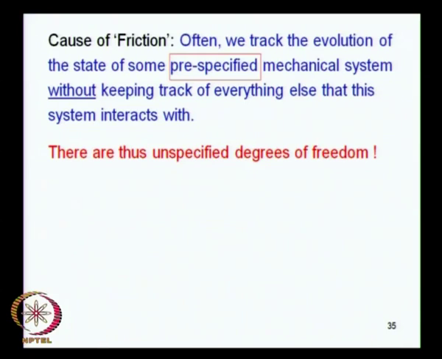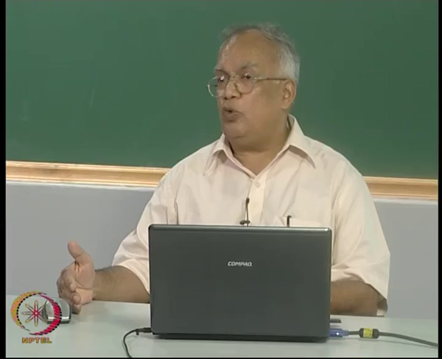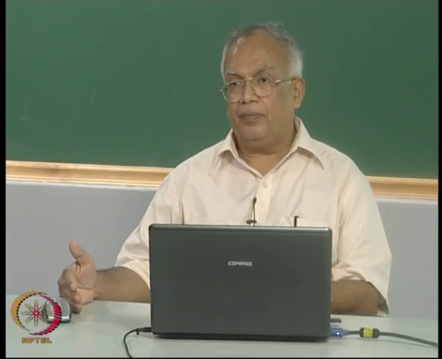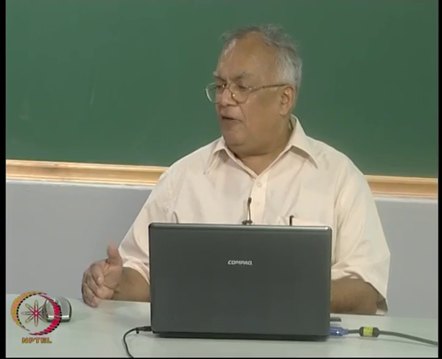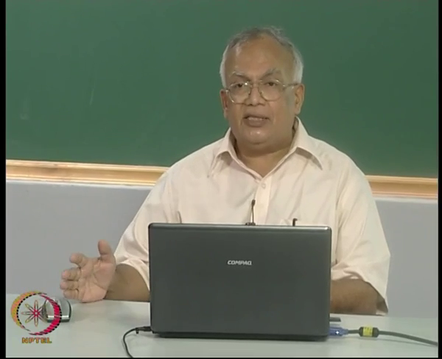Now, if I set up the equation of motion for this system alone without keeping track of these other degrees of freedom, but I still want to take their effect into account, what I am going to do is to bundle up the effects of the interaction of the system with everything else.